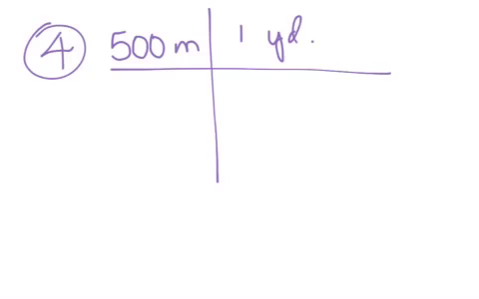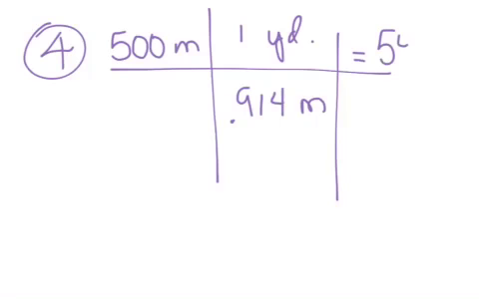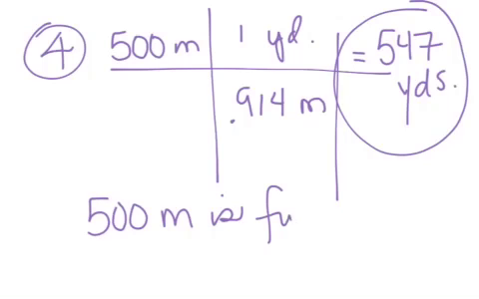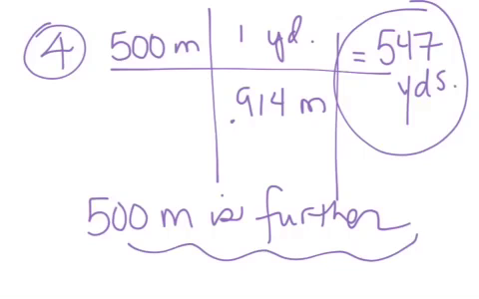I know my conversion factor is 1 yard is 0.914 meters. And I get 547 yards. So the 500 meters is further, it's a longer distance than the 500 yards.